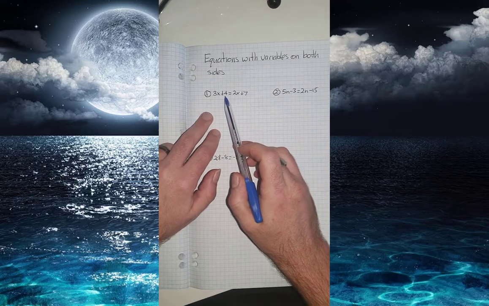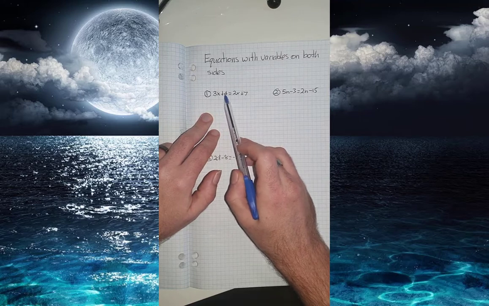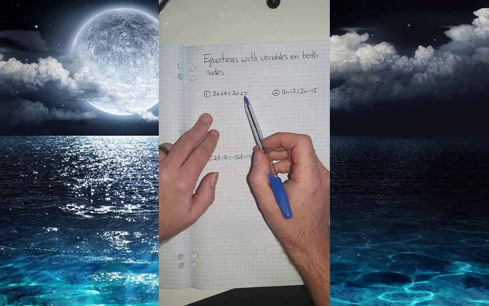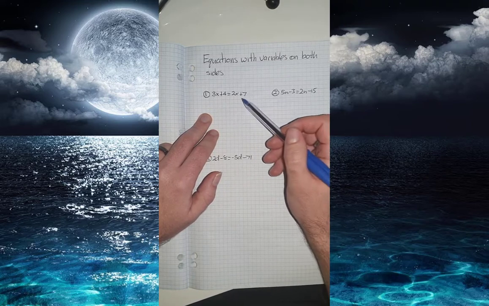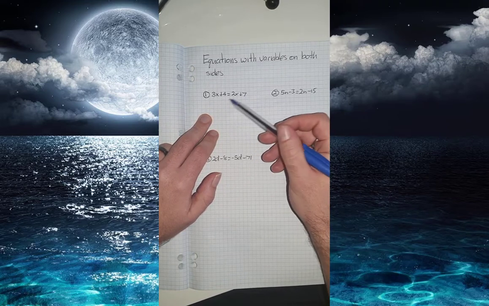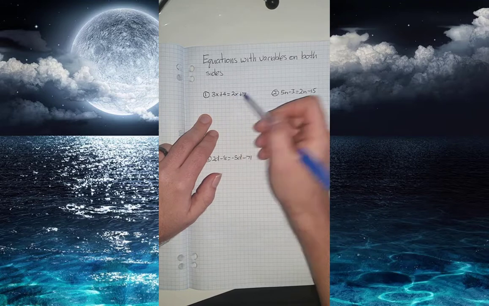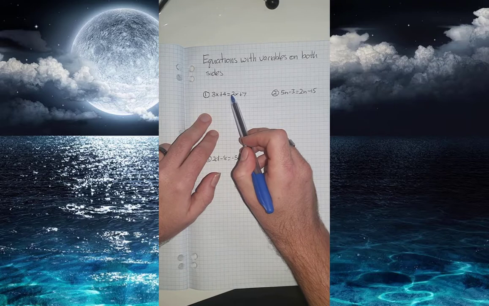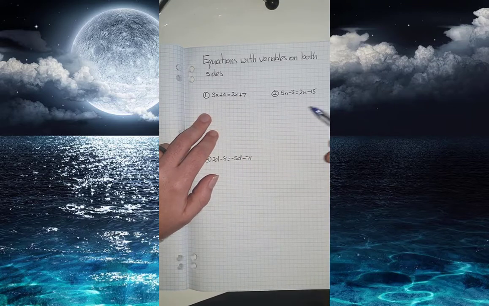If we have a look at this, we've got 3x plus 4 equals 2x plus 7. If I'm moving all my terms with a pronumeral over to the left, I need to get this 2x over to this side. Remember, if it doesn't have a sign in front of it, we can assume that it is a positive.